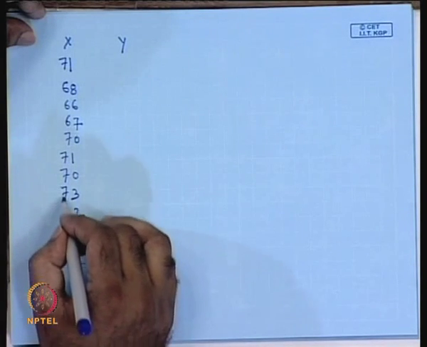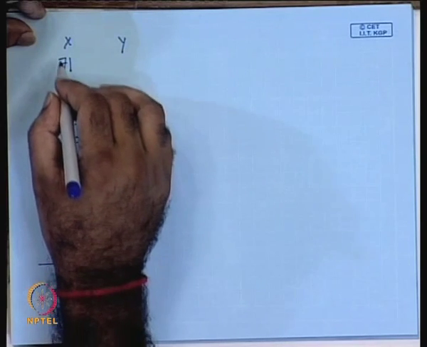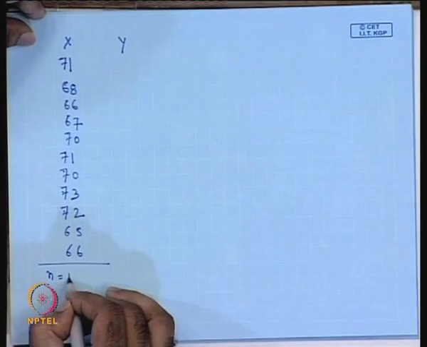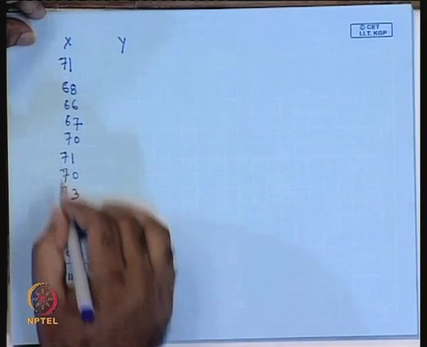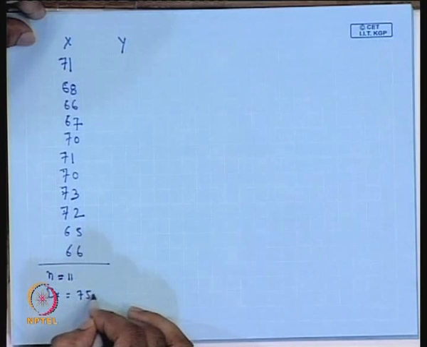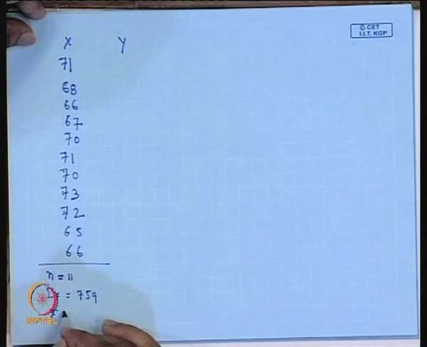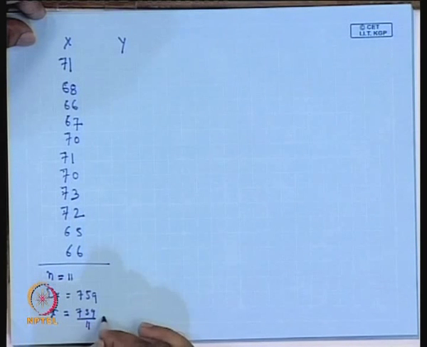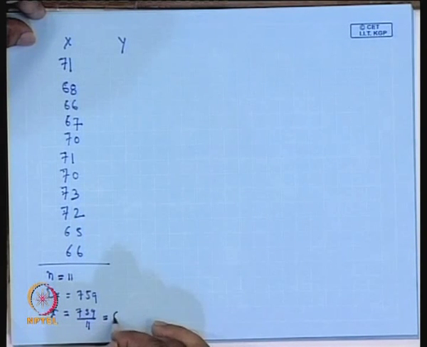So 1, 3, 4, 5, 6, 7, 8, 9, 10, 11, which means here n equals 11. Now if you take the sum, then sum x equals 759. So obviously x bar is equal to 759 divided by 11, which is nothing but 69.